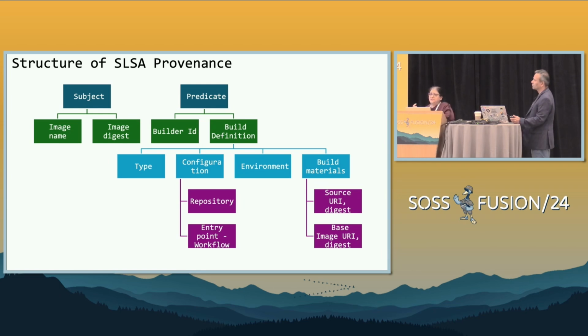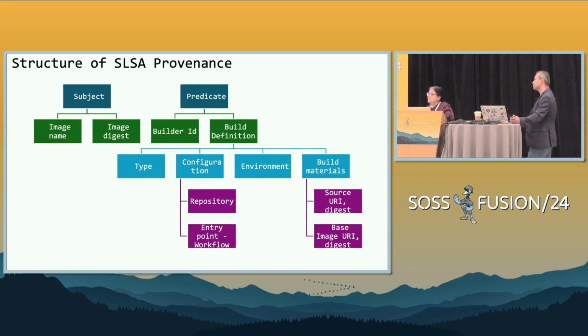Type is nothing but the template which describes the build description, so that we compliance assessors know how we can read this build description, which is there in the build definition, and make some meaningful interpretation out of this. Configuration deals with the build steps, which is the workflow, and the repository where it picked the workflow and any external parameters that were passed to the build.